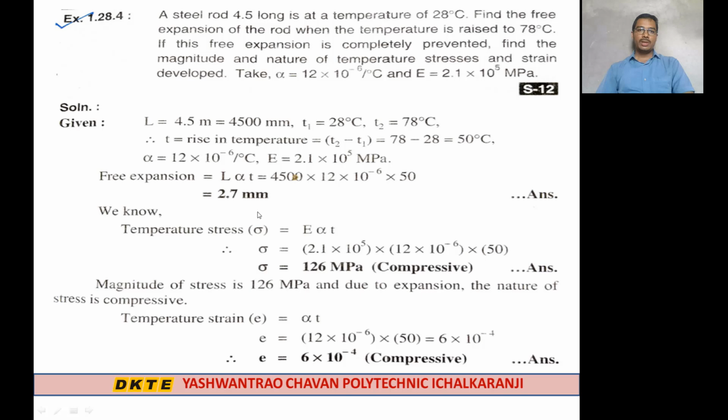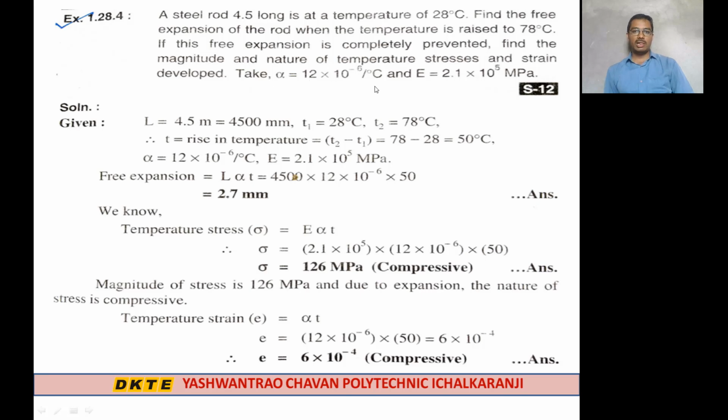Next problem: a steel rod of 4.5 meter long is at a temperature of 28 degrees centigrade. Find the free expansion of the rod when the temperature rises to 78 degrees centigrade. If the free expansion is completely prevented, find the magnitude and nature of temperature stresses and strain developed.